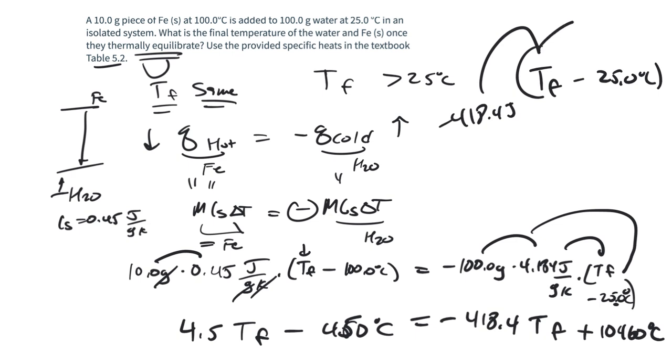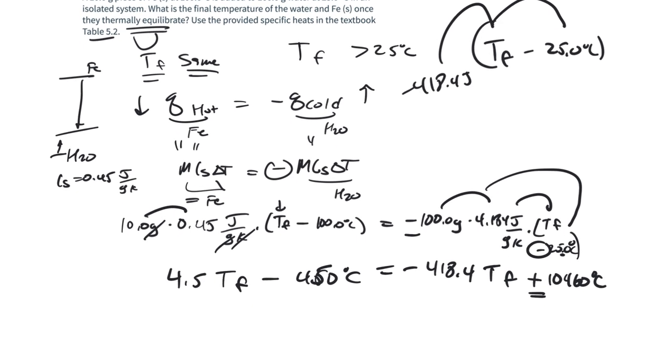So just to make sure you see, I'm doing negative 100 times 4.184, then times TF, and then negative 100 times 4.184 times negative 25 degrees. So we get that plus sign here, just from the negative here and the negative there.